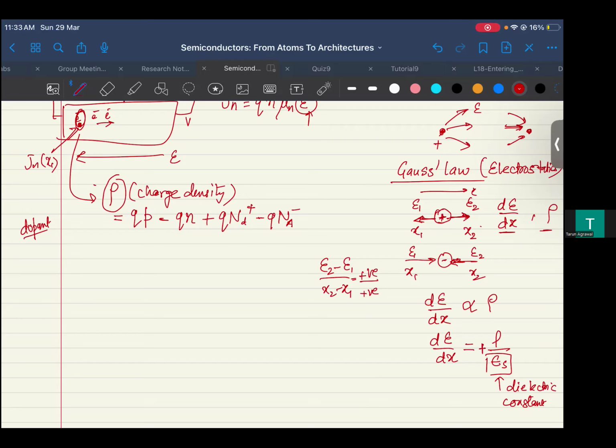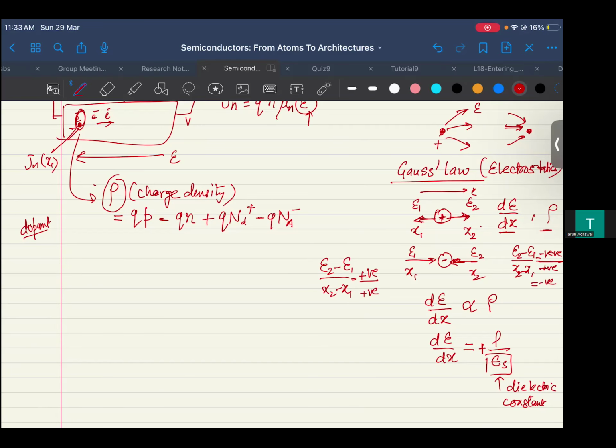Now let's check for the negative sign. It should hold also for the negative sign. So that means E2 minus E1 divided by x2 minus x1. What is it? E2 is negative or positive? It is in the opposite direction, so this is negative. E1 is positive because it's pointing to the right, right? So then we see this is going to be negative.